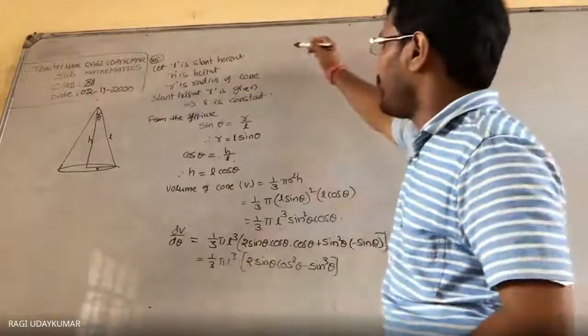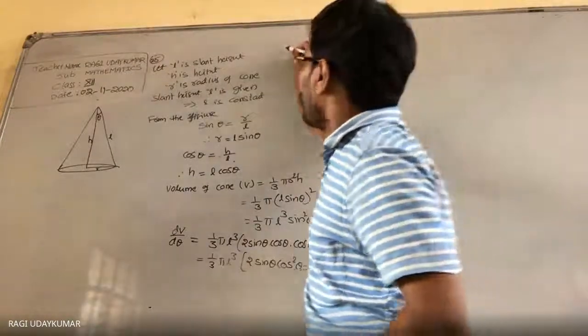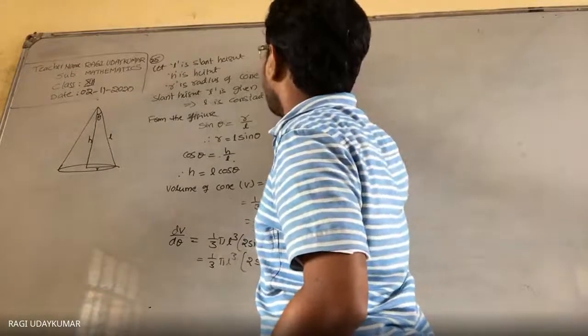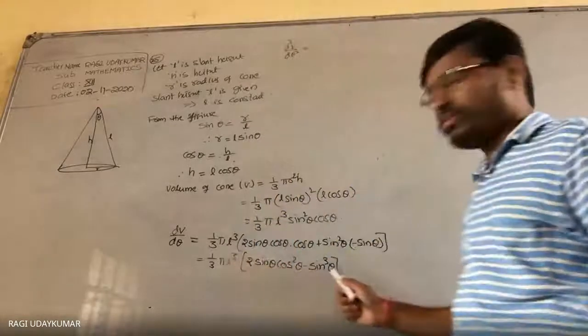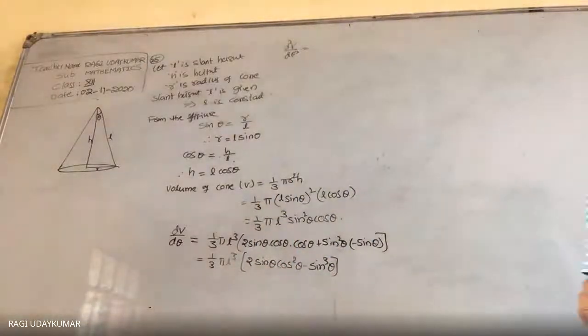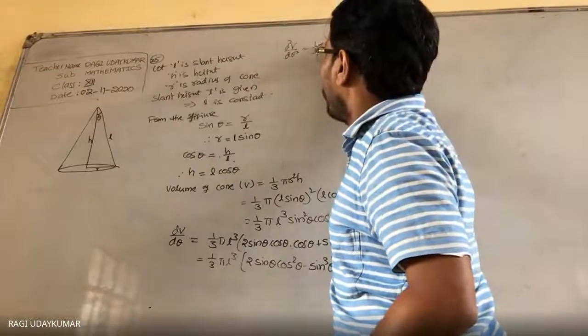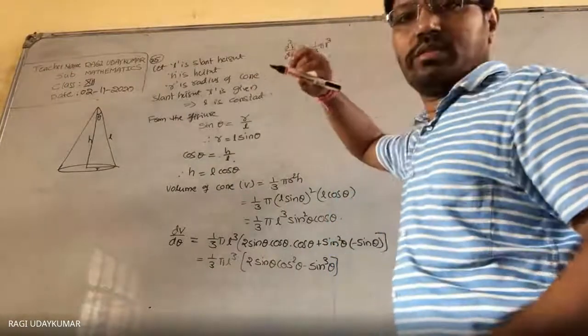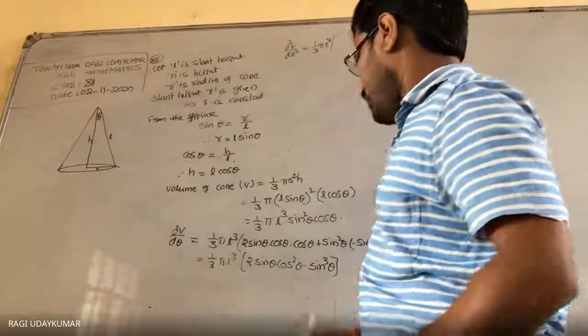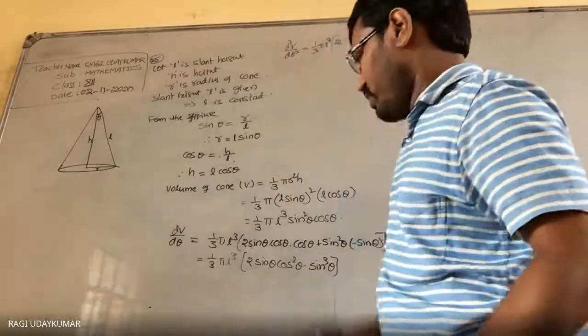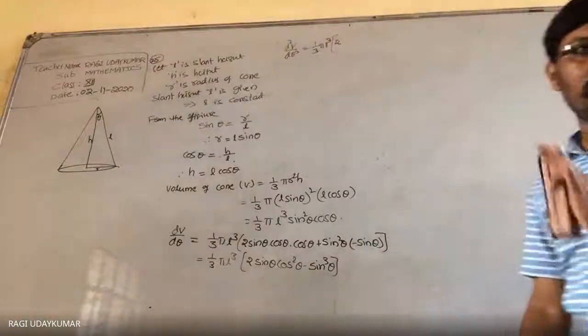Here onwards you can also consider d square V by d theta square. So differentiate this with respect to theta again. What you will get here is 1 by 3 pi L cube into, again by the UV method, 2 sin theta taken as a single part.